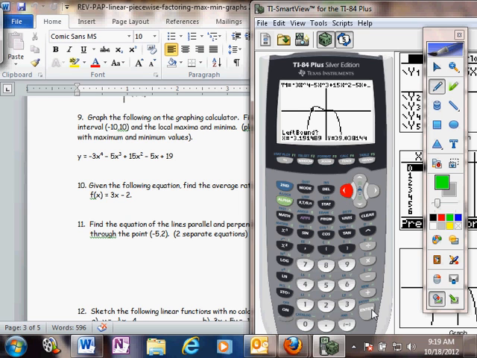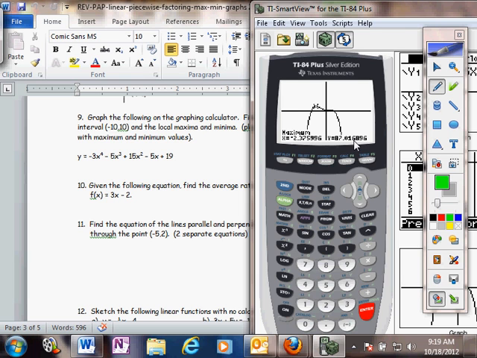Right in there is fine, and hit enter. Now it's asking for the right bound. So I want to go a few clicks to the right of it and hit enter. And then guess. And the absolute maximum is 87.017 when I round it to the nearest thousandth place. 87.017. But that's how you would do that.